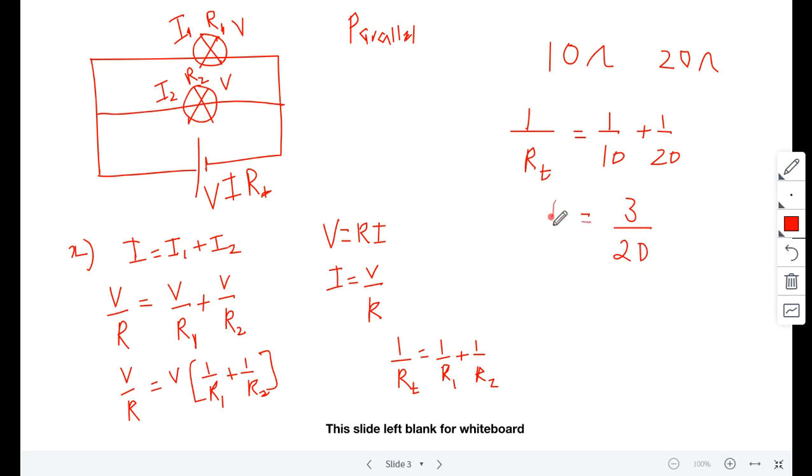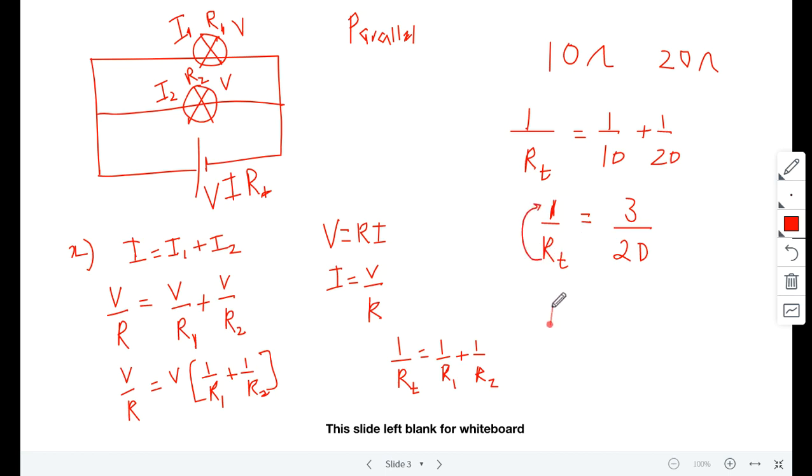Equals 1 over RT. Now since you have to calculate RT, what you have to do? You just reciprocal it. Or simply multiply RT to both the sides, but it will be difficult. The simplest thing to remember is just reciprocal it, which means RT will go up here and 1 will go down there.